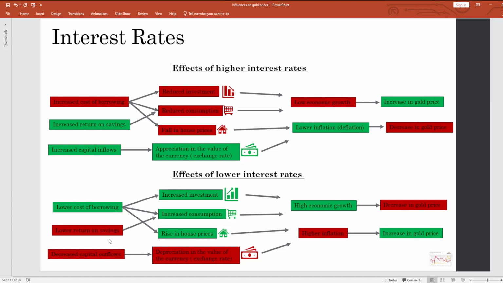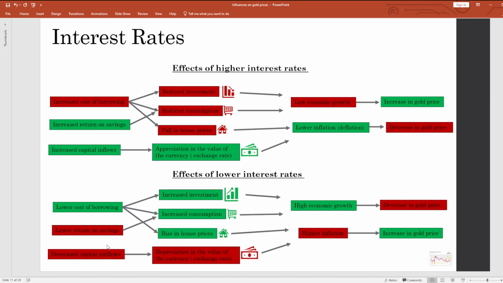So the third point is decreased capital outflows. So that is the opposite of what I mentioned before. International investors will take their money out and park it in another country where the savings rates are better, savings accounts are better.